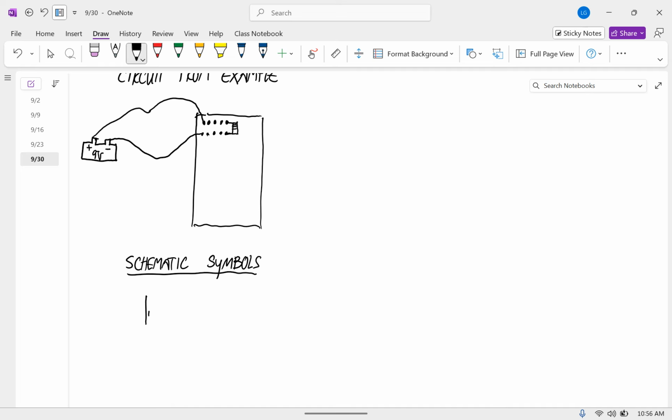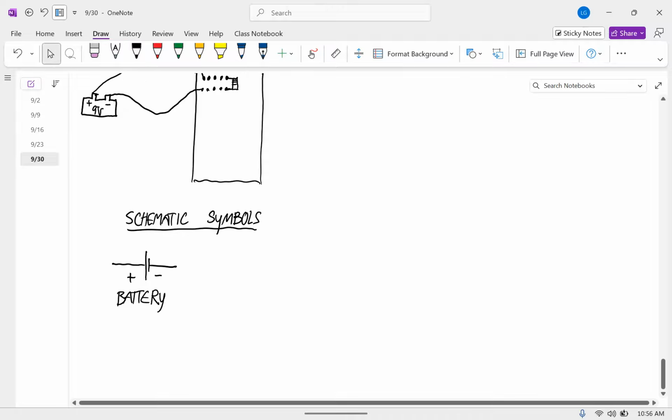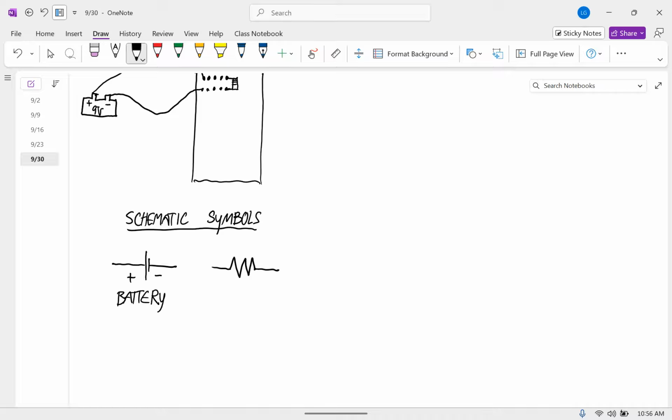There's a long end and a short end with wires coming out of it. The long end is the positive terminal of the battery. The short end is the negative. A resistor we're going to show as a jagged thing like that.